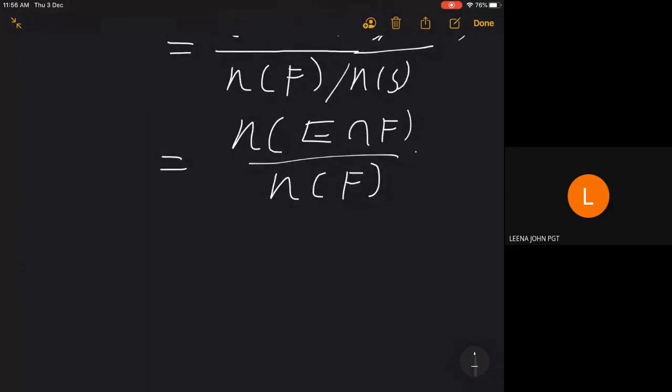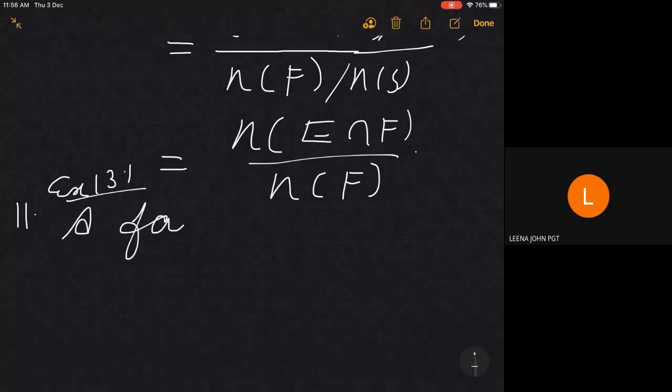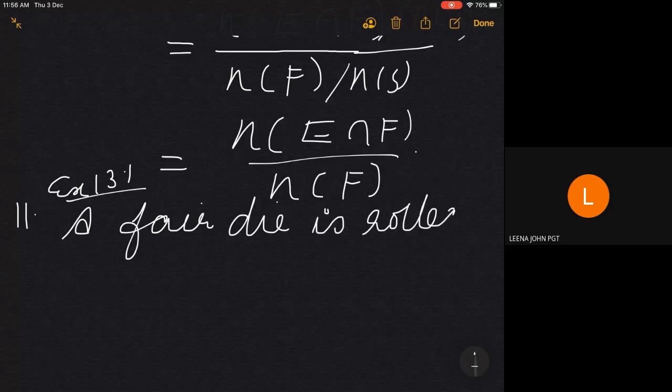Now question number 11 of exercise 13.1. A fair die is rolled. So we assume that the outcomes are equally likely, and we'll be applying the classical definition of probability.